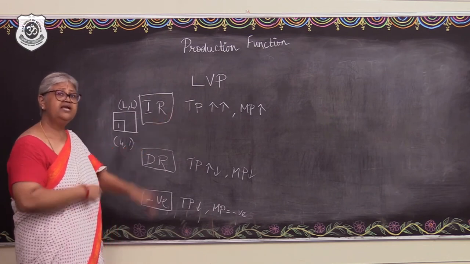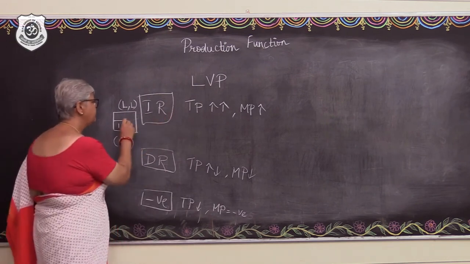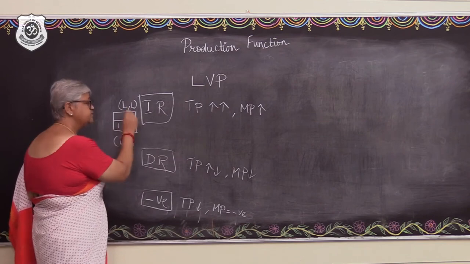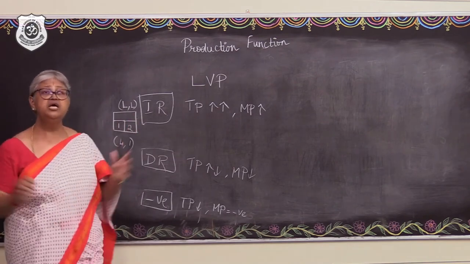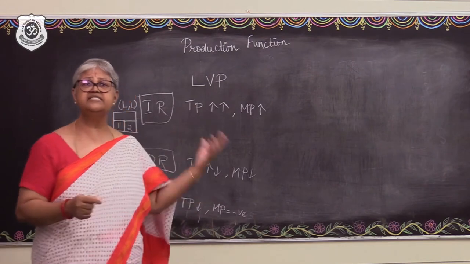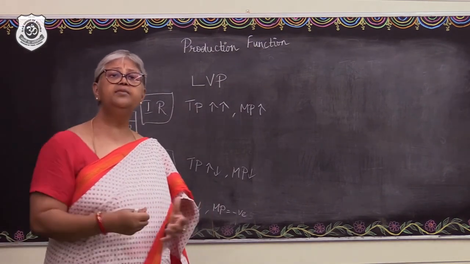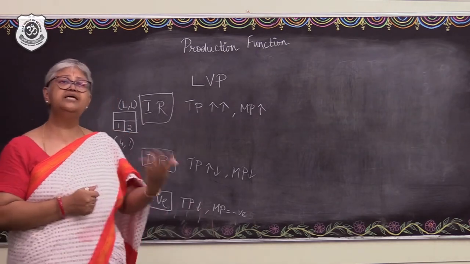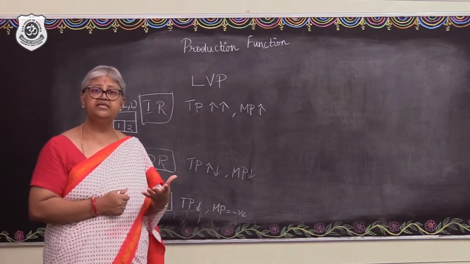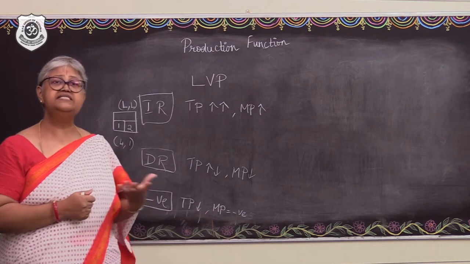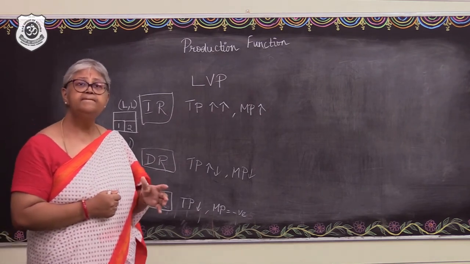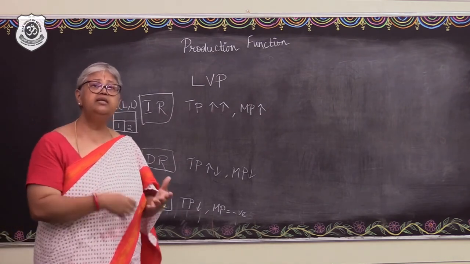And then the second person is going to be hired in the process of production. So combined together, the first and the second are going to contribute much more towards the total product. Compared to the first person, the second person is going to contribute a little more. Why?